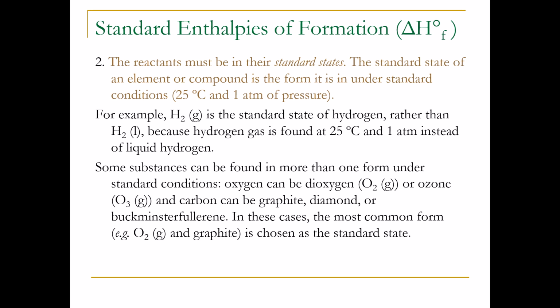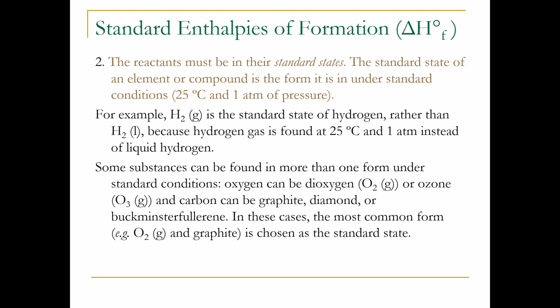So even if we have something elemental like H2, if it's in the liquid state, that's not under standard state conditions. So H2 liquid cannot be included in a heat of formation. It has to be H2 gas. Now a couple of things have multiple forms at standard state. So for example, oxygen can be O2 or O3.